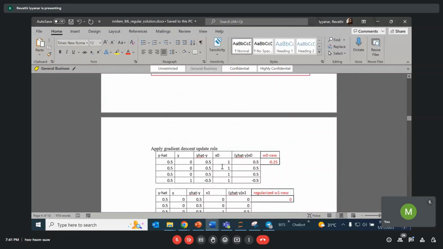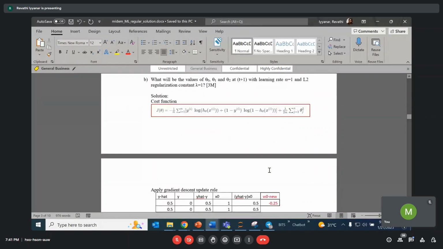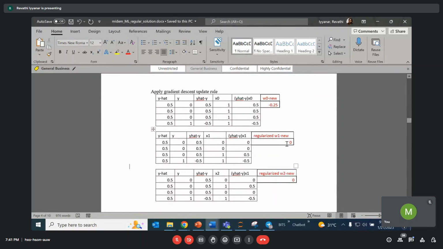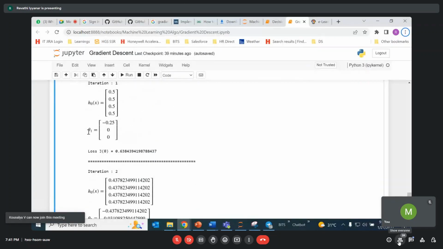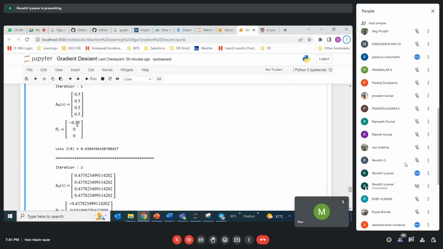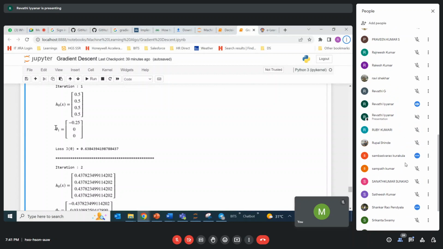Any questions from anyone? Theta 2 and theta 3, I think, need some correction in the program. No, here he means theta 0, theta 1, and theta 2. I think this is the vector of theta after the iteration.